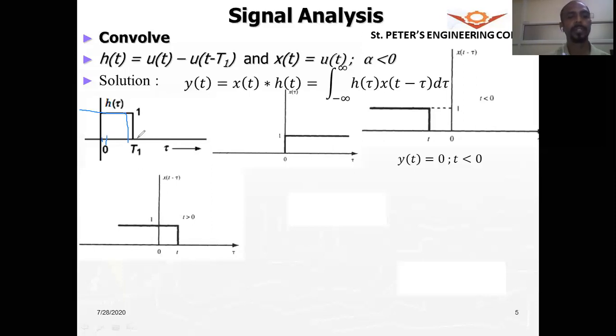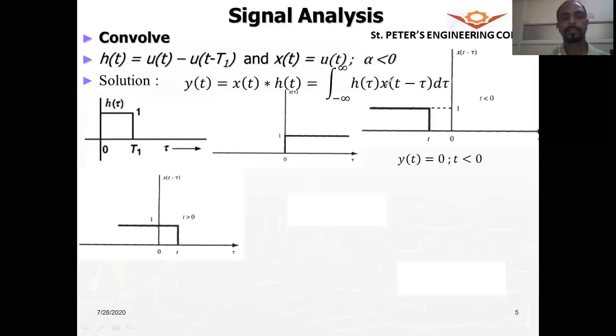If it takes a value more than T1, then the complete signal h of tau is overlapped by this blue signal. So there are two regions: partial overlap and full overlap, where h of tau is fully overlapped by x of t minus tau. So though we are taking t greater than 0, for this we have two conditions.